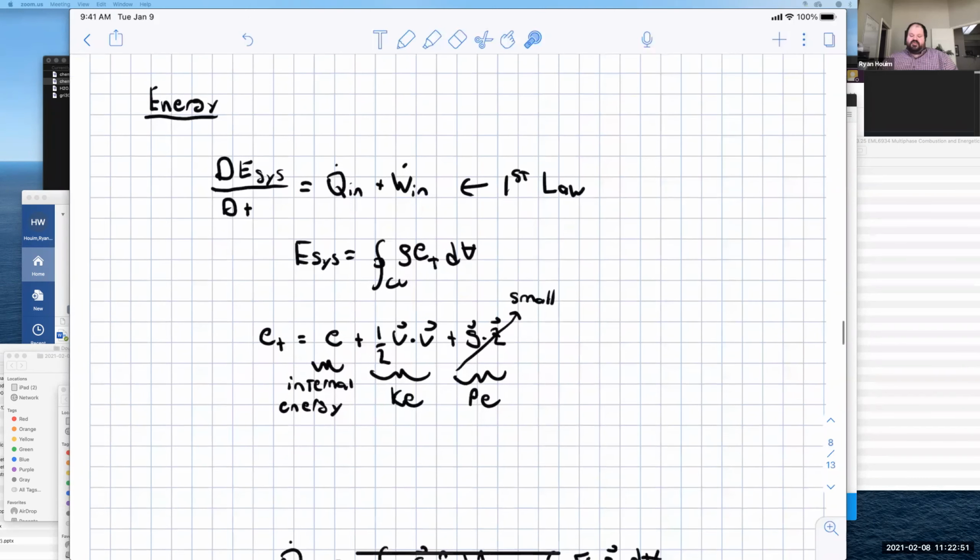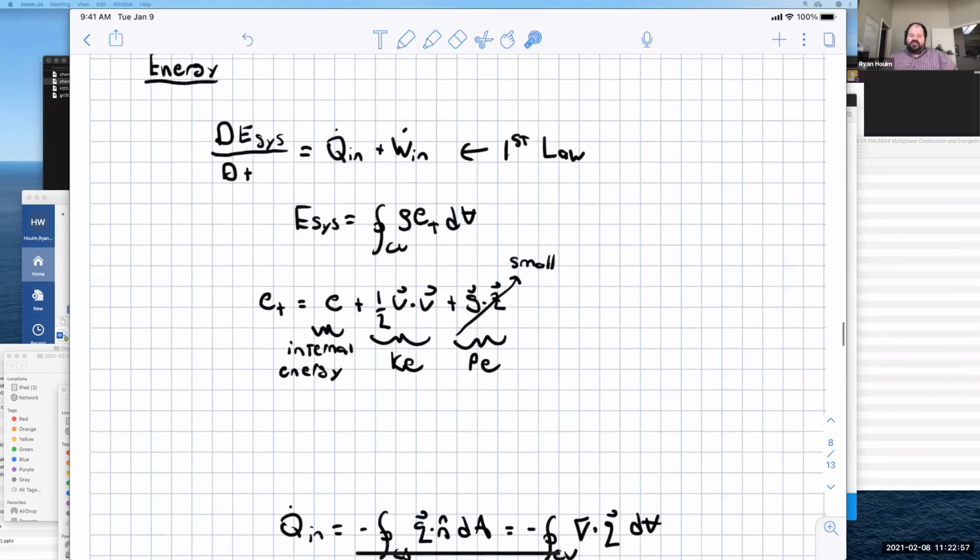And this E is just the volume integral of the total energy, and the total energy is small e, the internal energy, which includes chemical, and sensible, and the departure energy, plus the kinetic energy. Since we deal with gases, we almost always neglect the potential energy.